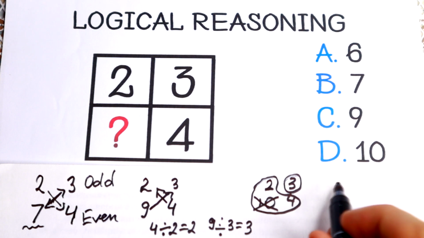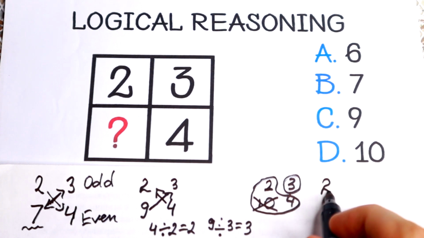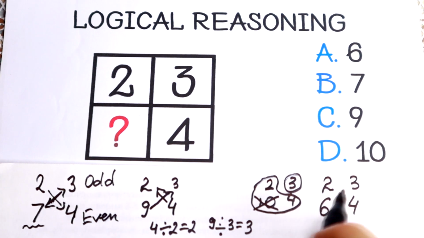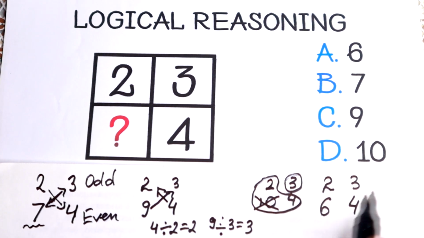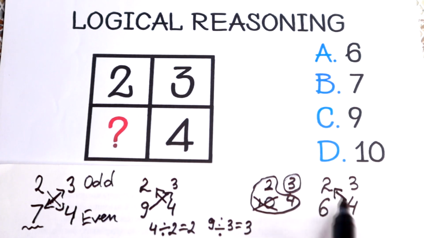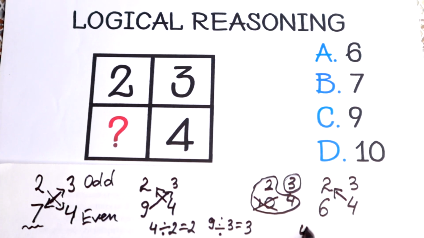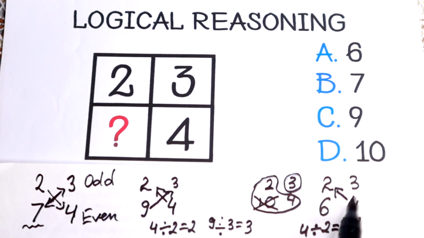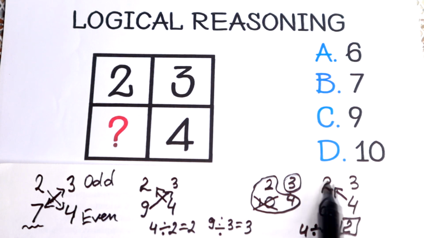Let's check the last case. Let's check 6. So we will have 2, 3, 4, and 6. As for me, 6 will be a solution, because if we divide 4 by 2, we will have 2, like a cross, if we divide crosswise from bottom to top.